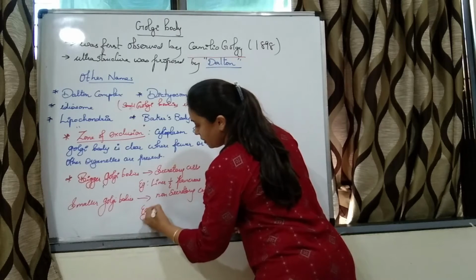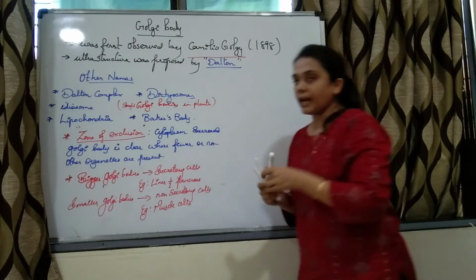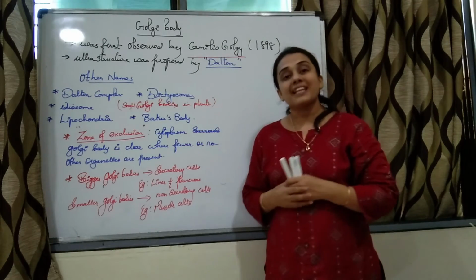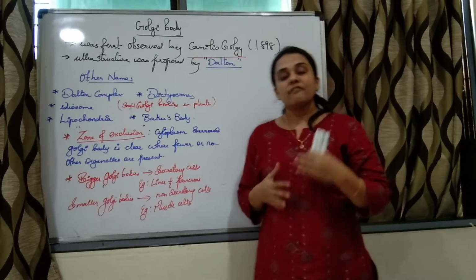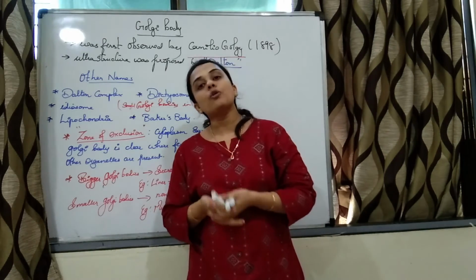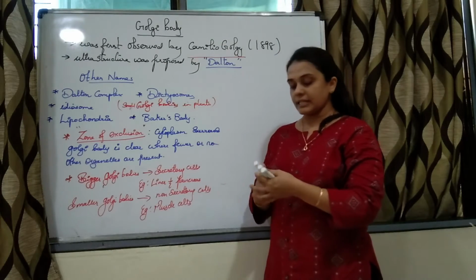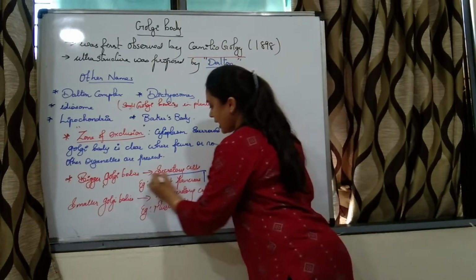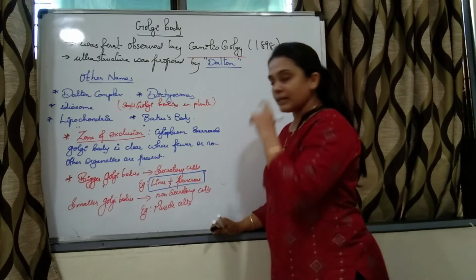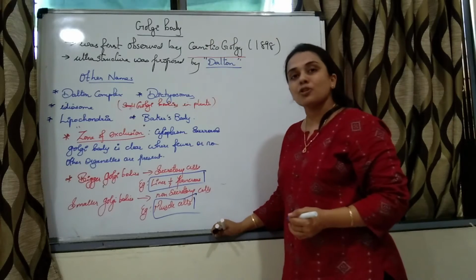For example, muscle cells, right? A larger sized Golgi body is seen in secretory cells, the cells which have to continuously produce and secrete some or the other thing, whether it is hormones, enzymes, or some other substances, such as the cells of liver and pancreas. And smaller Golgi bodies are seen in the non-secretory cells, such as the muscular cells.